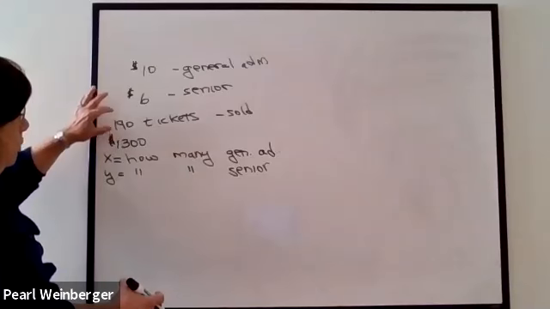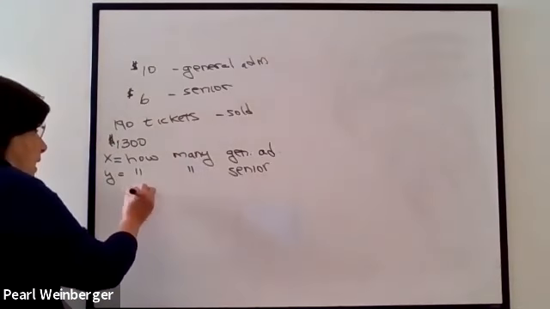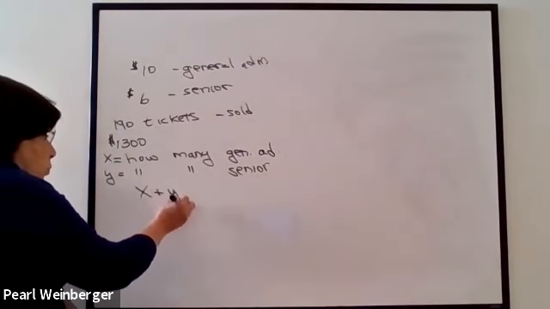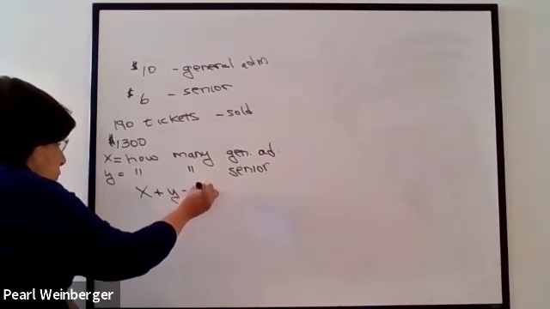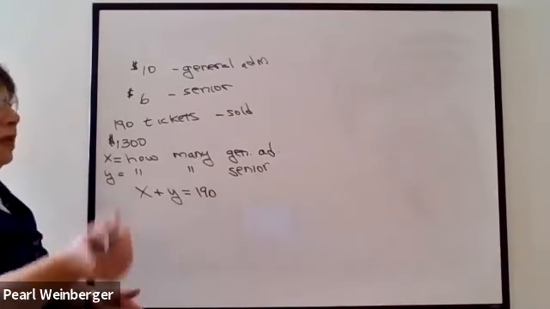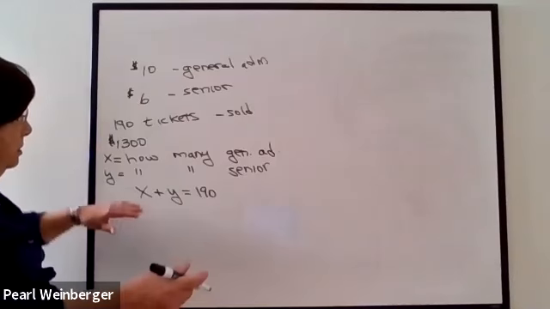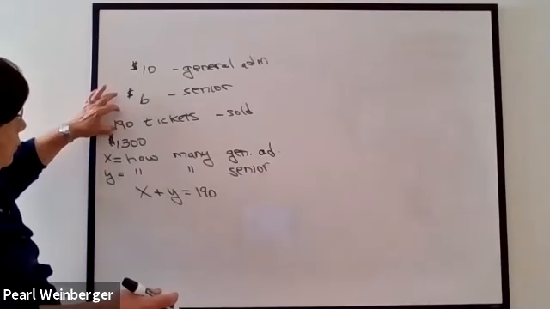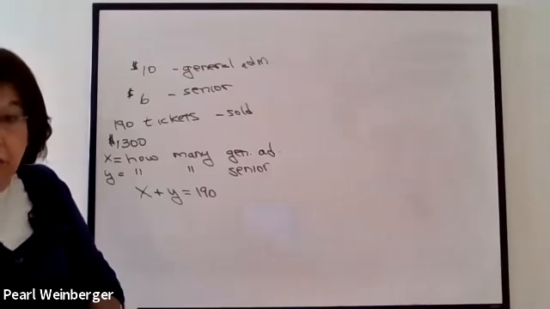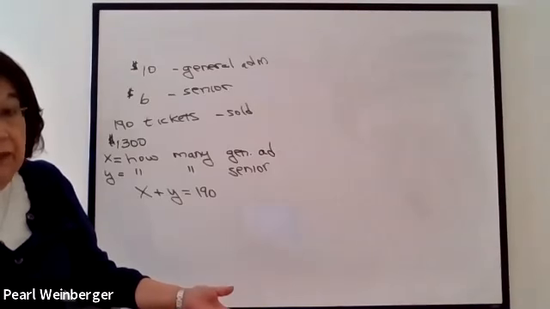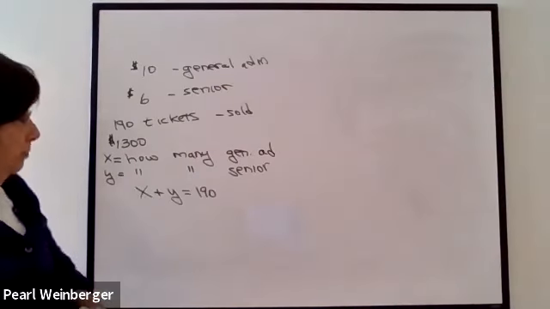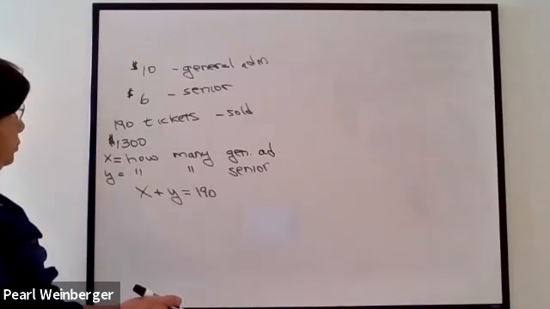So when we write our equation, we write X plus Y equals 190. We don't use the $10, we don't use the $6. It's just the total of how many tickets we had. So that's our first equation.